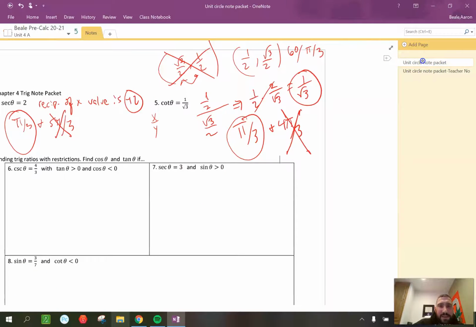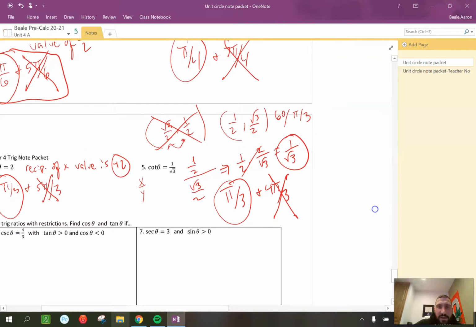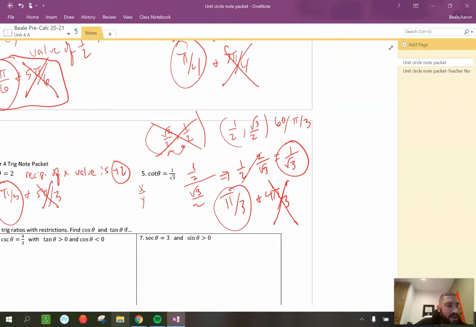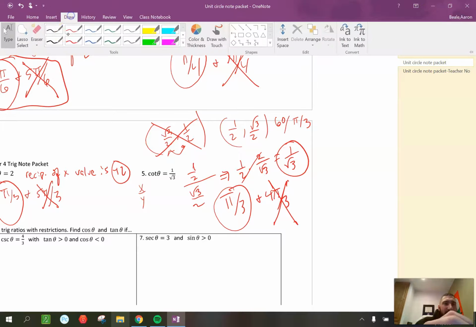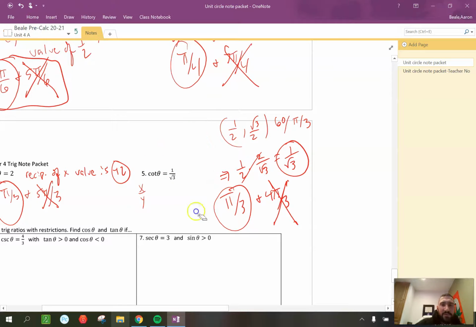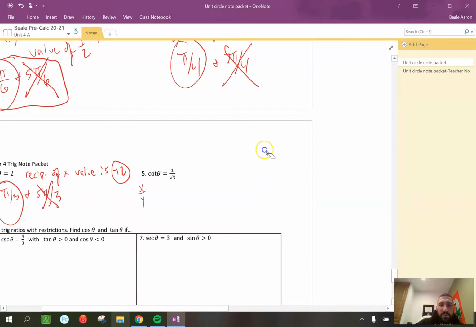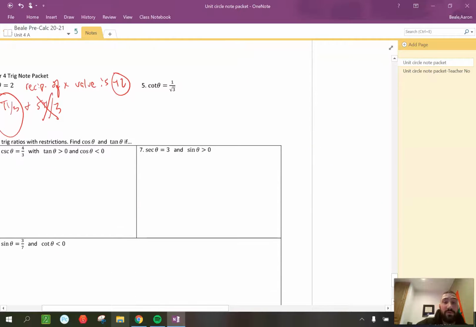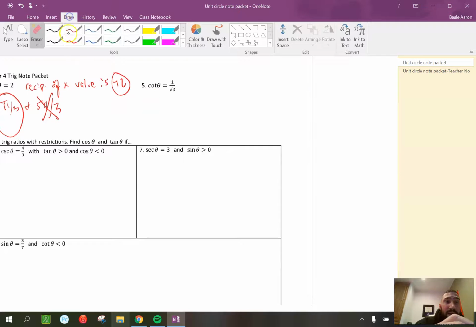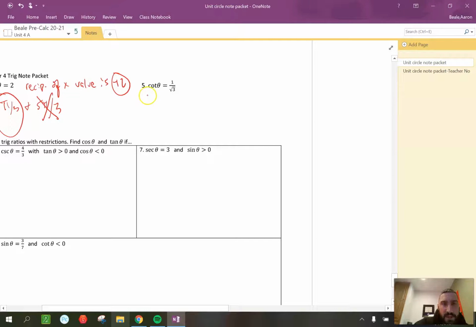So cotangent is my x over y. I just want to double check that I'm making this correct for you guys. So let's look at it with fresh eyes. I've made it through to this point with minimal errors, so I want to start over on this problem. Okay, cotangent of theta is 1 over root 3, meaning we want, again, x over y.